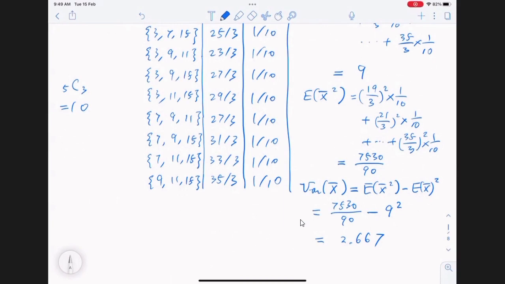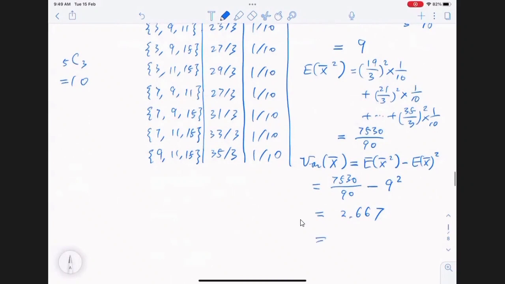In fact, this variance actually is not equal to this. In the previous question, I've already mentioned a nice formula that the variance of the sample mean is equal to the population variance divided by the sample size. But it didn't apply for this example.